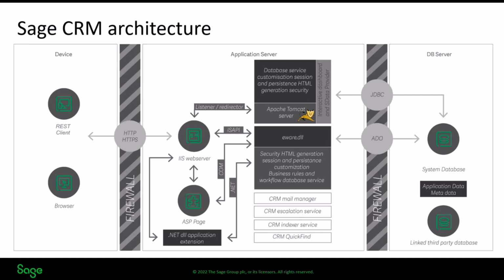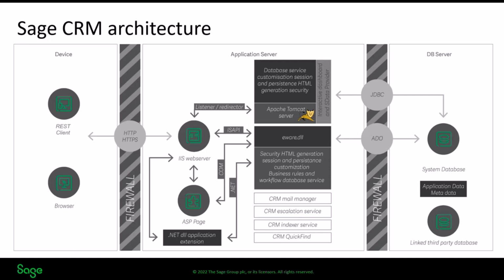Tomcat is a lightweight web server that can work with web apps that do specific things. So it's a parallel web server that will look after particular aspects of Sage CRM. We'll explore in a second what it's doing.